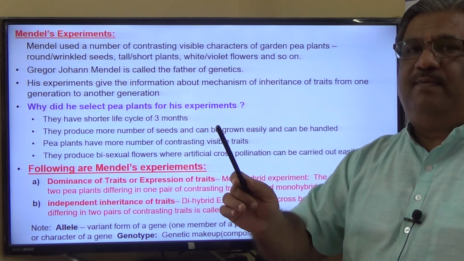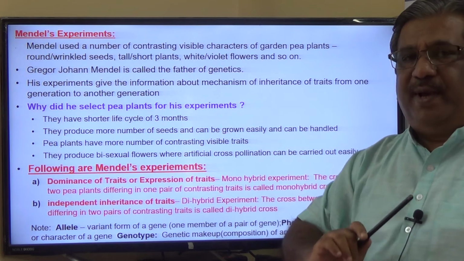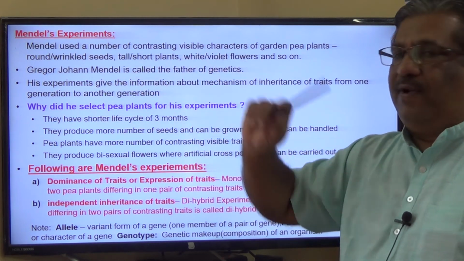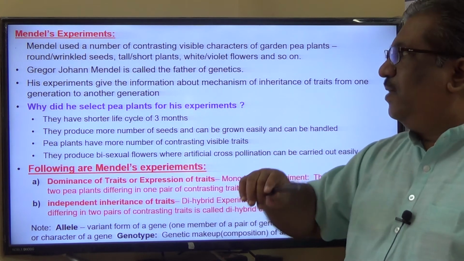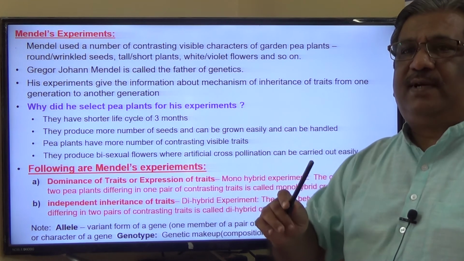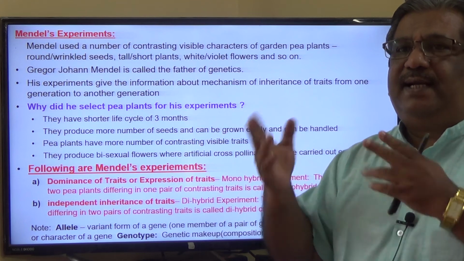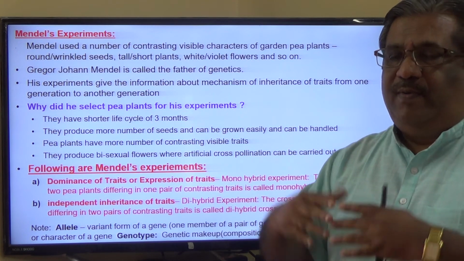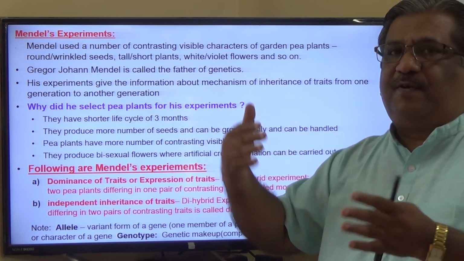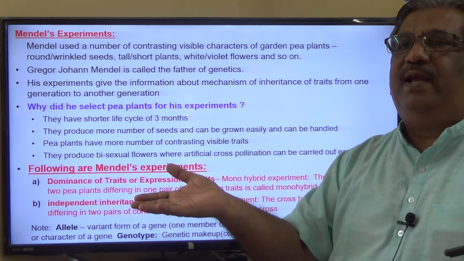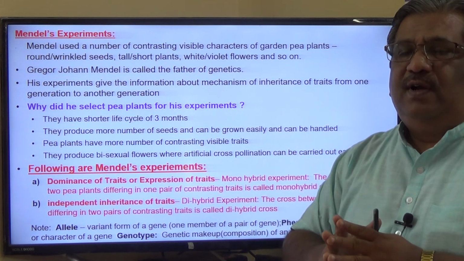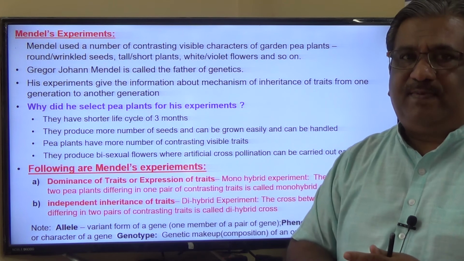Green and yellow forms one contrasting pair, whereas round and wrinkled seeds also form one contrasting pair. When we cross these two pairs of contrasting characters, we say it is a dihybrid experiment.